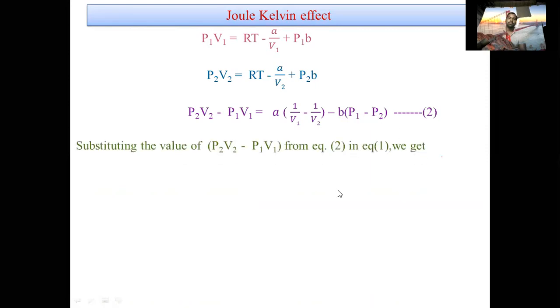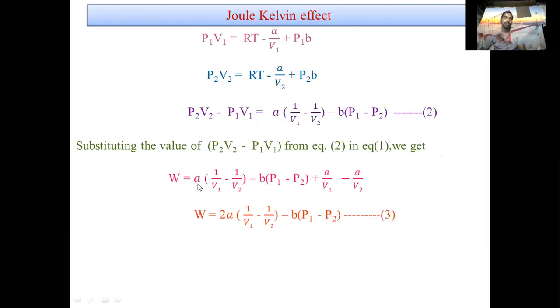Substituting this value in the first equation, that is the net work, we have to consider external work and internal work done against the molecular attraction force. Now substitute P2V2 − P1V1 there.